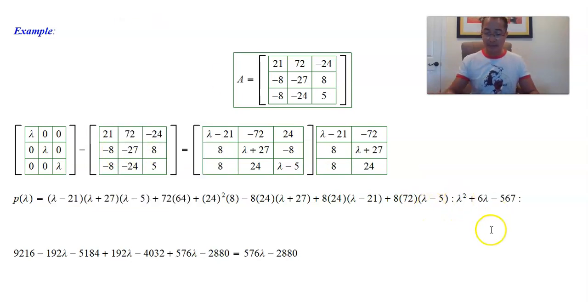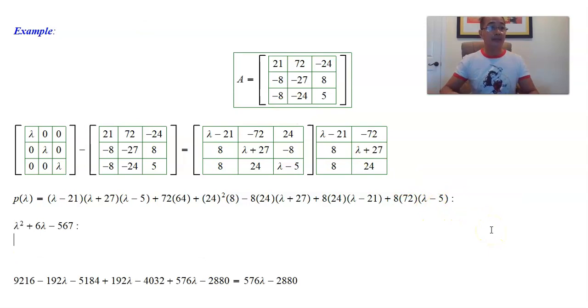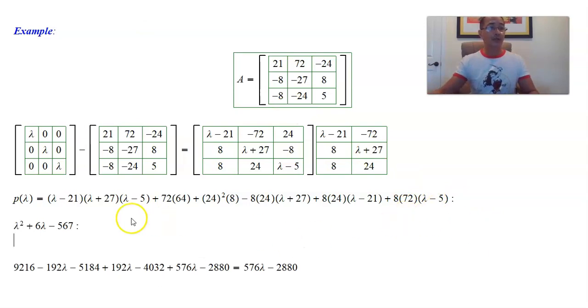There we go. So as I said, there will be a 6 lambda. 21 times 27 is 567. Okay? And then what you will have to do is you will distribute to lambda minus 5. Okay? So you'll get lambda cubed, 6 lambda squared, minus 567 times lambda, and then minus 5 lambda squared, minus 30 lambda, plus 5 times 567.